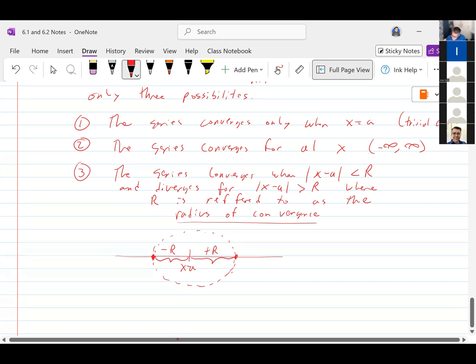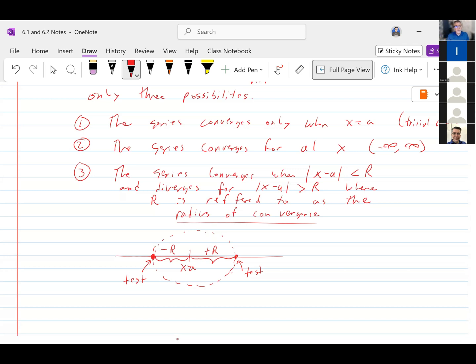This doesn't tell us anything about these endpoints, so we still have to test the endpoints to see if they converge or diverge. But anything inside that circle converges, anything outside that circle diverges. The endpoints we still have to test.